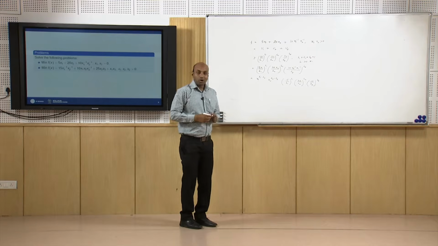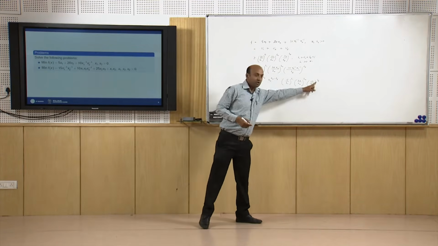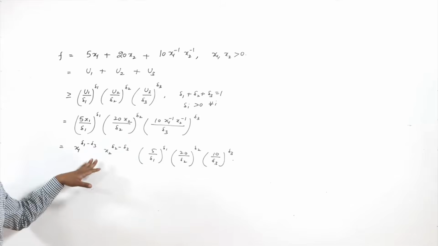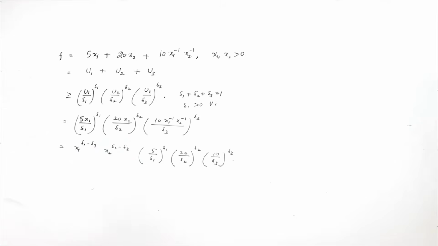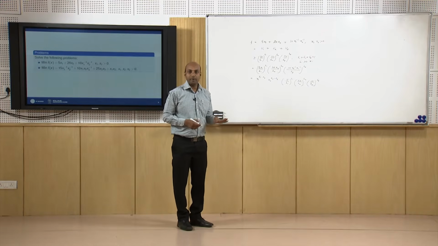Now, again, in order to find the minimum value of f, we have to find the maximum value of this expression, and for that we have to first make it free from the variables. To make it free from variables we have to choose those delta i's such that the powers of the variables become 0.